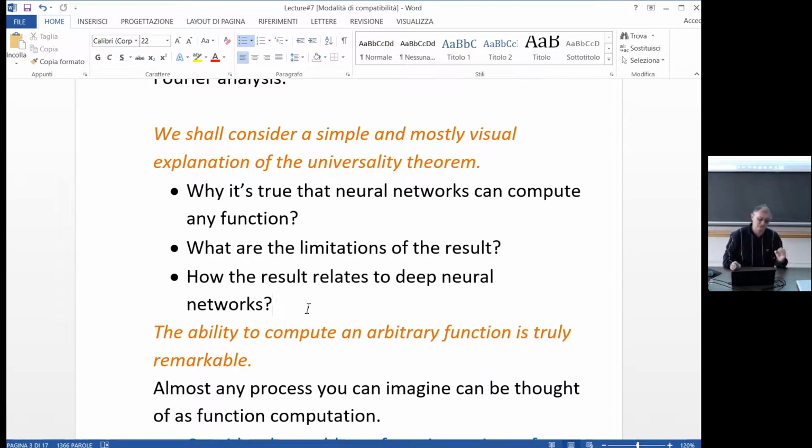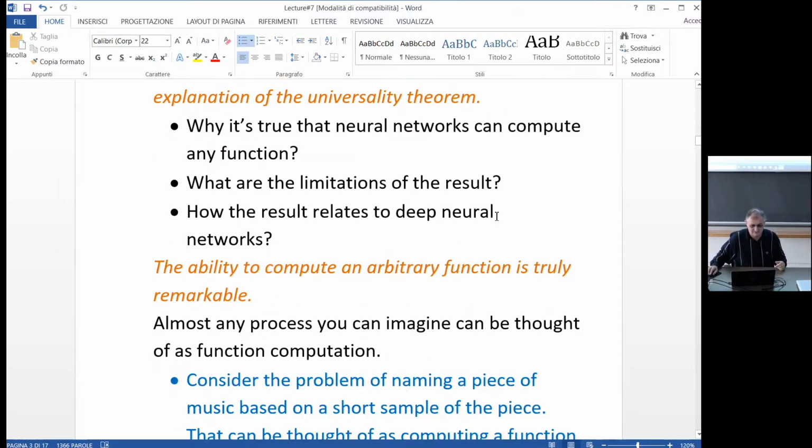So we have one neuron of input, X, one neuron of output, f of X, and some hidden layer which contains several pairs of neurons.